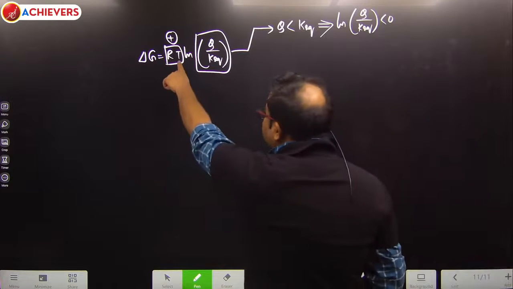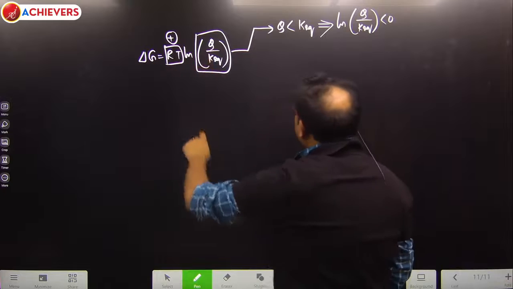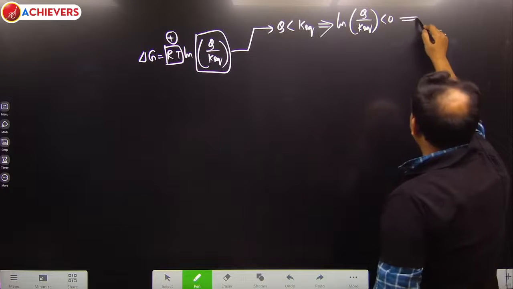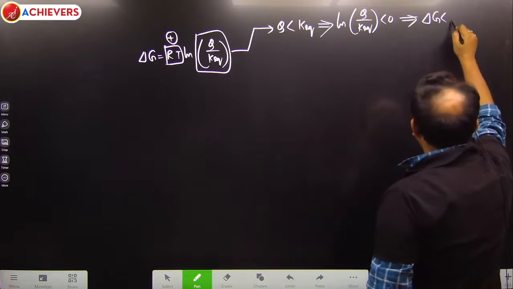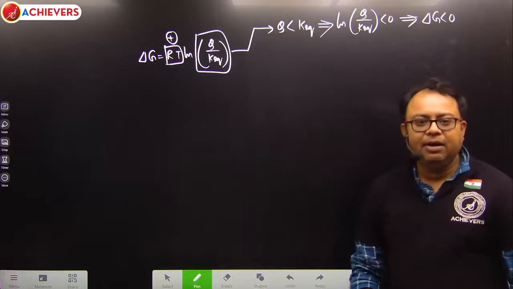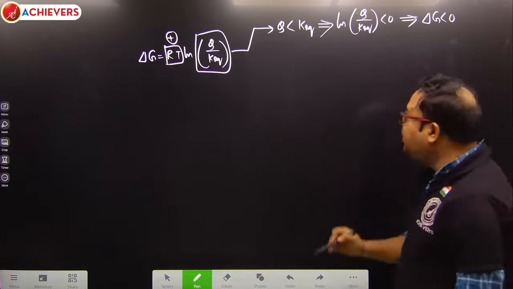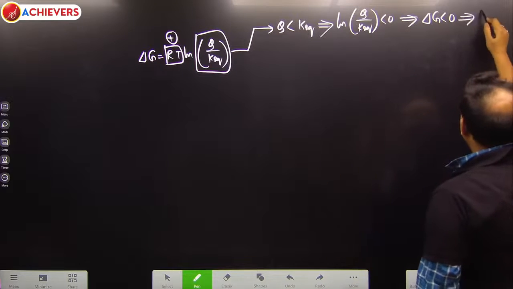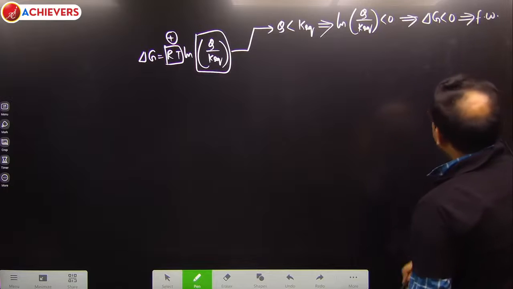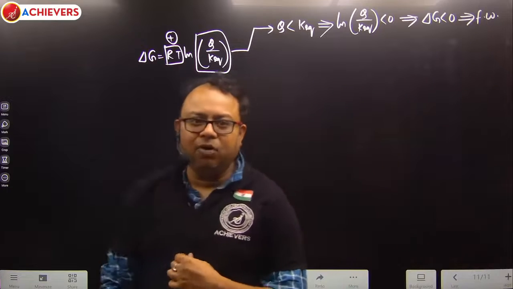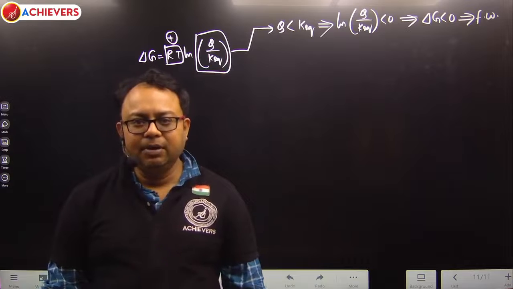So this positive term multiplied by negative term, so delta G becomes negative. If delta G is negative, then the forward reaction becomes feasible. So in this case, the forward reaction will be feasible.